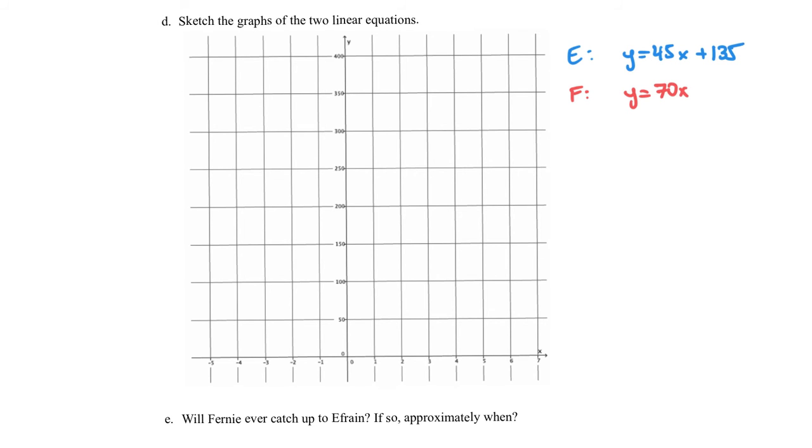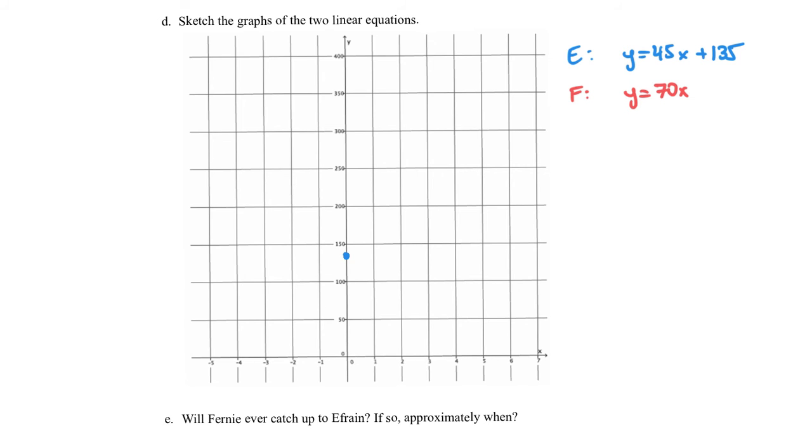The easiest way to graph these, and it's going to be a bit of approximation, is we're going to start with the y-intercept. So the blue one, Ephraim's, has a y-intercept of 135, which is somewhere around in here. And then at 1 hour, he goes 45 miles further.